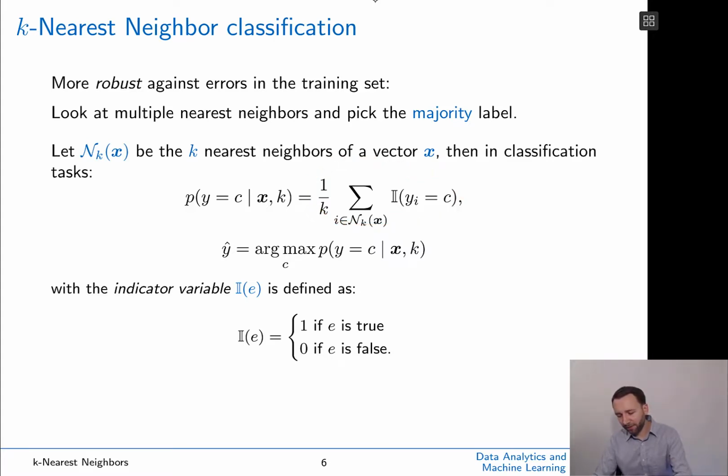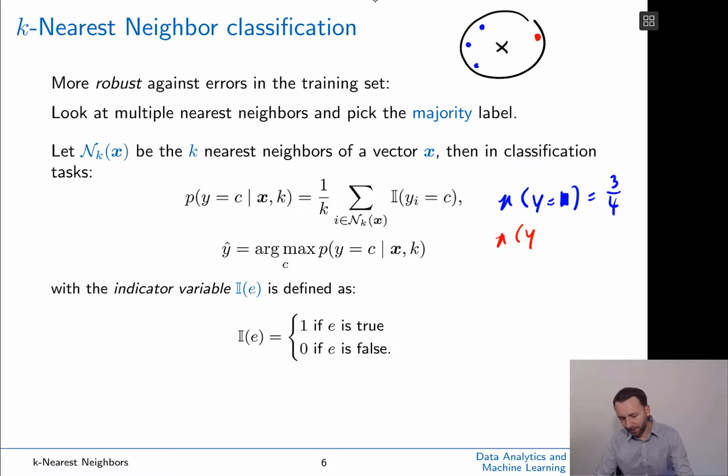What I mean with this is the following. Let's say you have an instance and you look at the neighborhood. You have a red instance and, say, 3 blue instances. Then the probability for y being blue equals 3 out of 4, and the probability of y being red equals 1 out of 4.